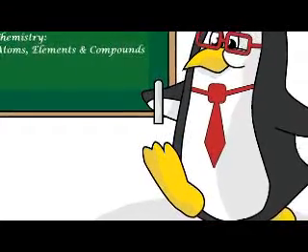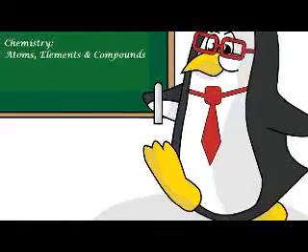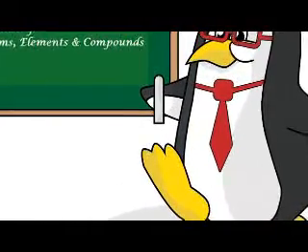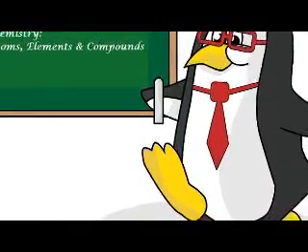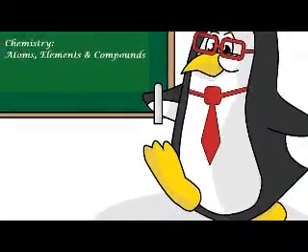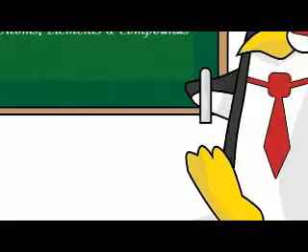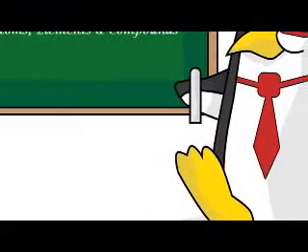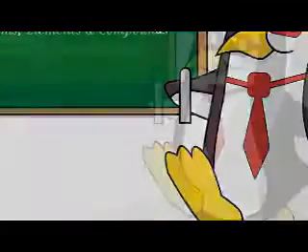Now, homogeneous mixtures are completely different from heterogeneous mixtures. In homogeneous mixtures, when you mix two or more elements or compounds together, the substances are evenly spread together. For example, blood.